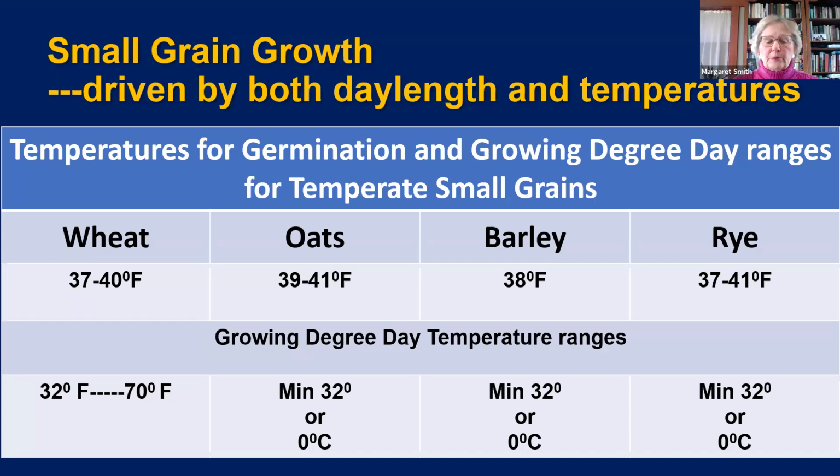Now, that's dependent on early planting. So that's why we can grow wheat farther south, but it's out of the field before we hit those. In Kansas, it's out of the field before we hit July and August. The point I feel for this slide, as much as we want to know what are the differences between rye and wheat and oats in their growing temperatures and response, they're not much different.